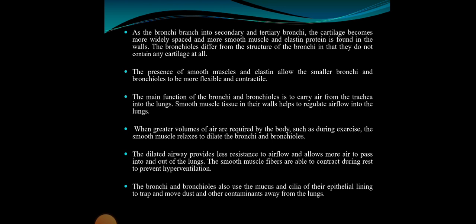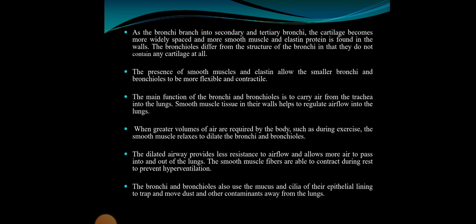As the bronchi branch into secondary and tertiary bronchi, the cartilage becomes more widely spaced, and more smooth muscle and elastin protein is found in the walls. The bronchioles differ from the structure of the bronchi in that they do not contain any cartilage at all.